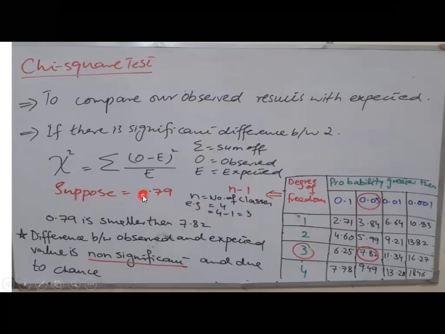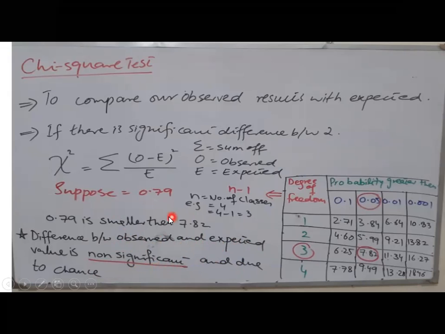Suppose this 0.79 is very small compared to the 7.82 which has been given at 0.05 along the degree of freedom 3. So it means that the difference between our observed and expected results or values is not significant, and that is due to chance.